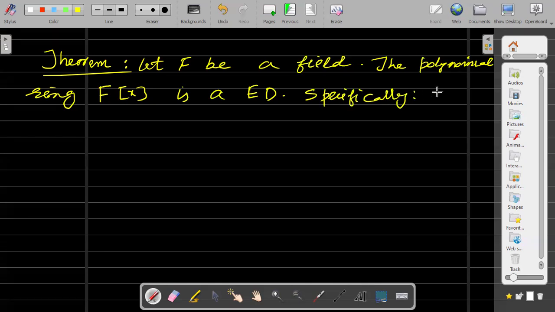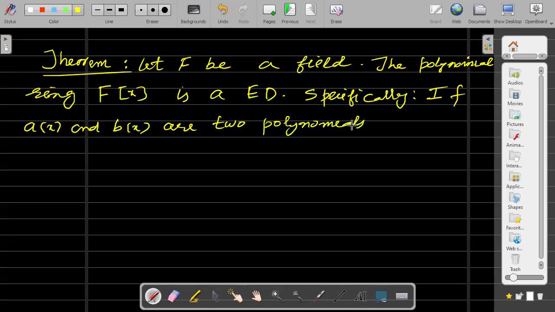Basically, if we have two polynomials Ax and Bx in Fx, with Bx non-zero, obviously.